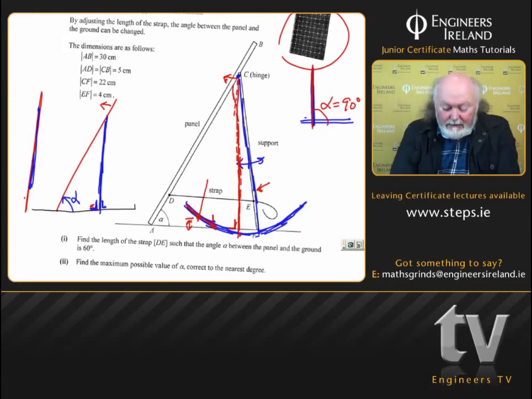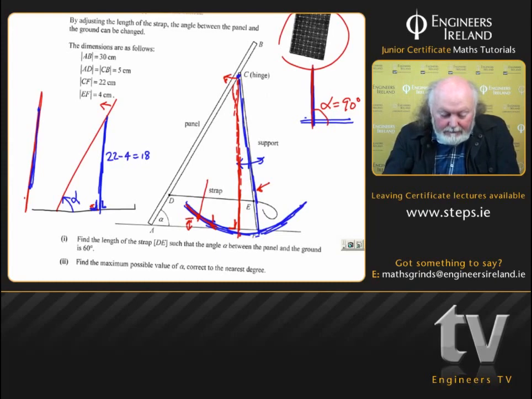What are our lengths? This was 22 minus 4, which was 18. We have that bit was 5, and the long one was 30. So we do have 25 here.